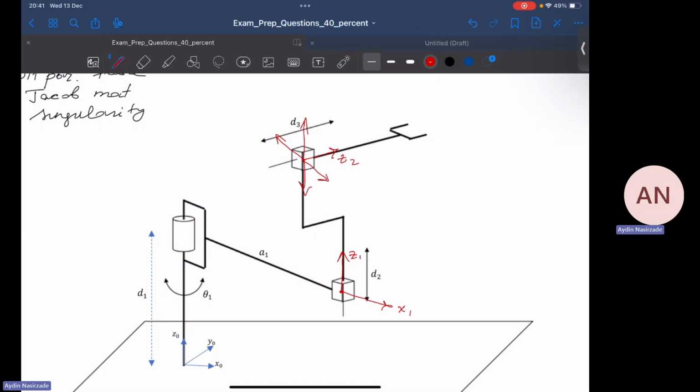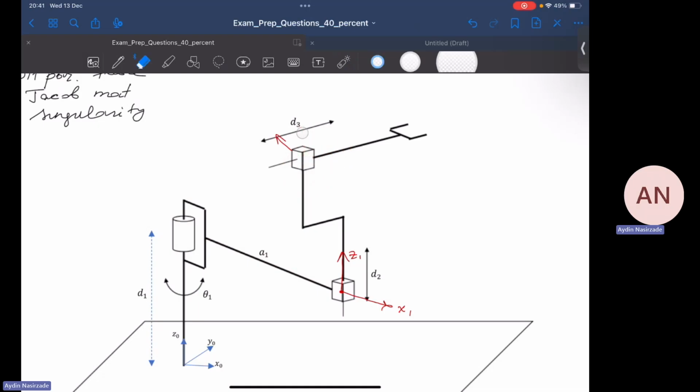But out of these 4 directions, we do not have any that intersects the previous z-axis. So that's why I would rather transform the origin of this frame somewhere here.